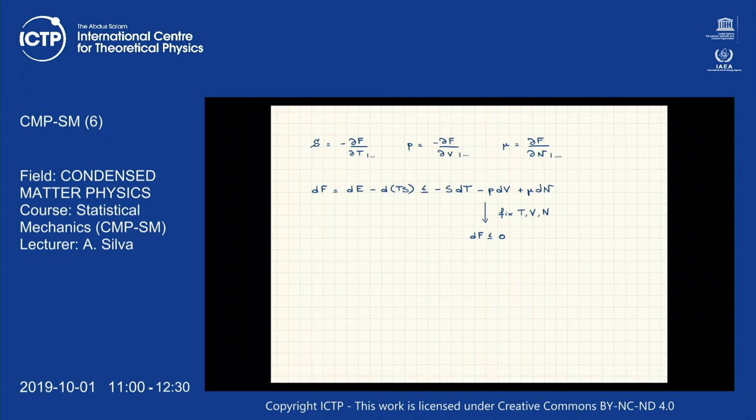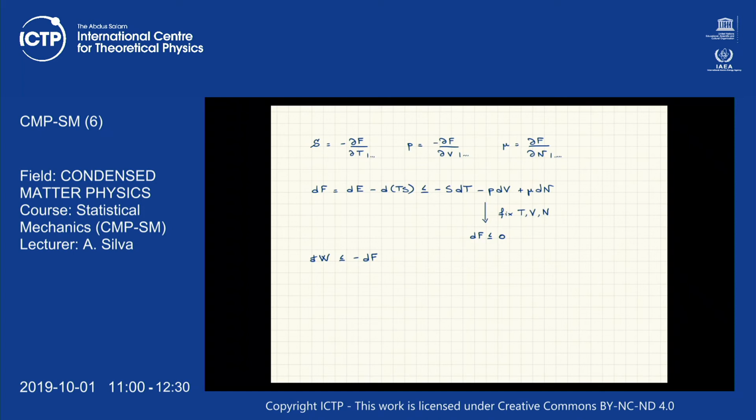Now what about other potentials? There is another thing that is important. Again, as before, you can discover, if you go through the first principle of thermodynamics, that if you fix temperature, volume, and number of particles, then the work that you do on the system is always smaller or equal than minus dF.